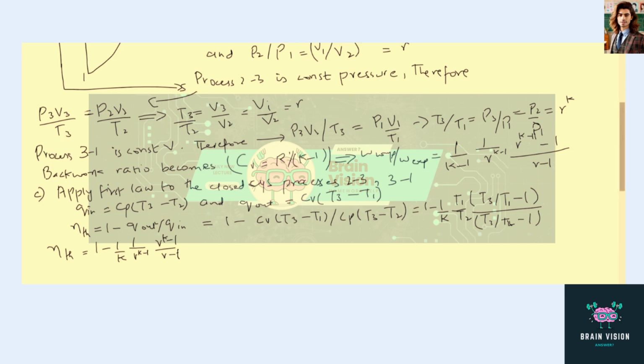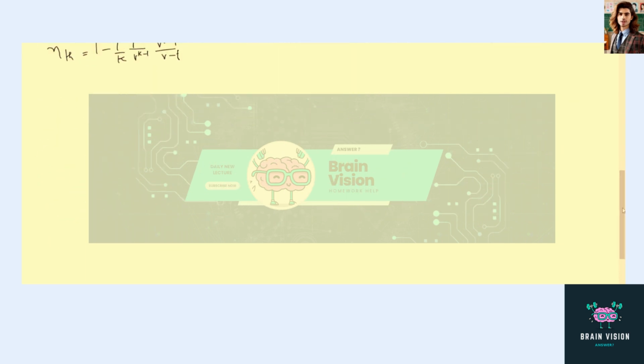Now in part D of the question, we will calculate the value of the back-work ratio and efficiency as R goes to unity.